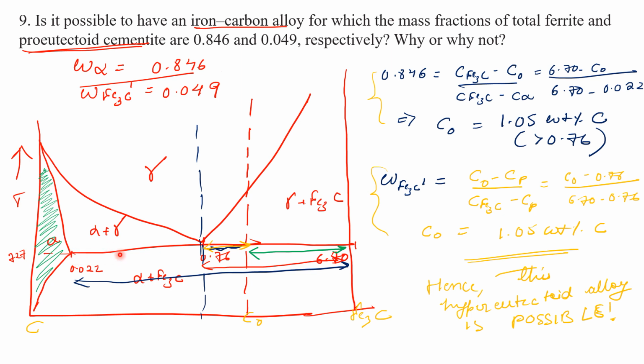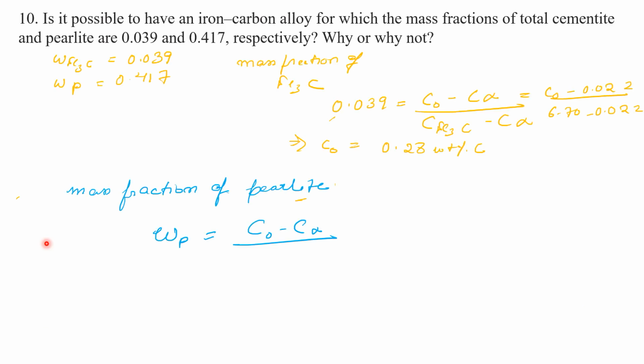So C0 minus C alpha divided by Cp minus C alpha, which is C0 minus 0.022 divided by Cp is 0.74 minus 0.022, and that is given to us as 0.417.